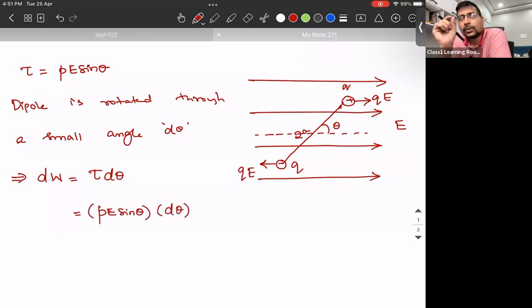Just like you calculate work as the product of force and displacement, here we calculate it as the product of torque and angular displacement. So this is a small amount of work being done on this system, right?